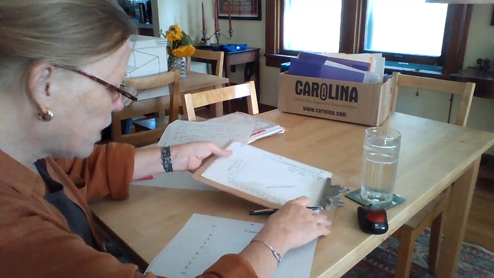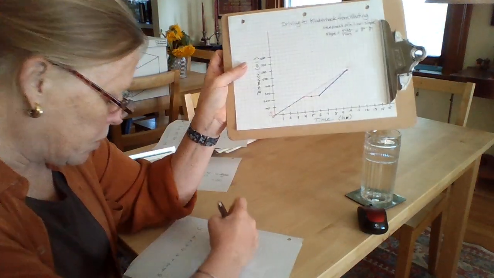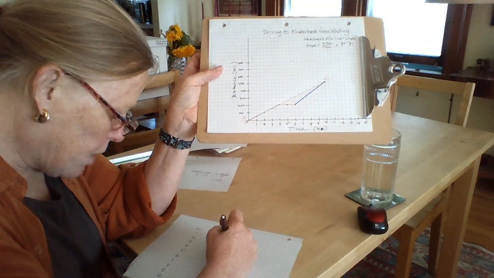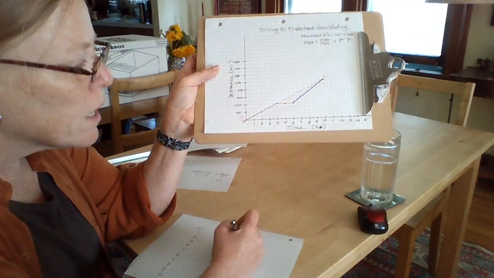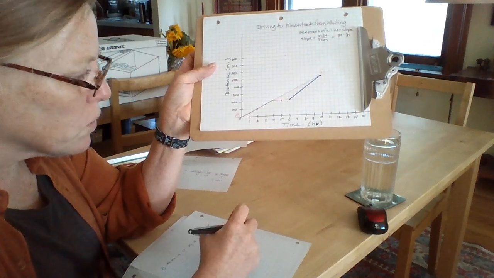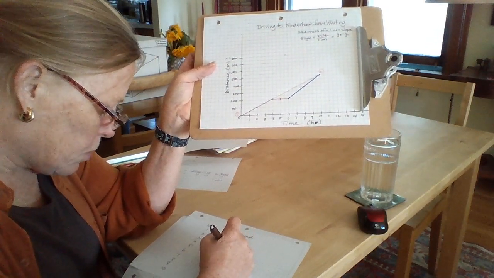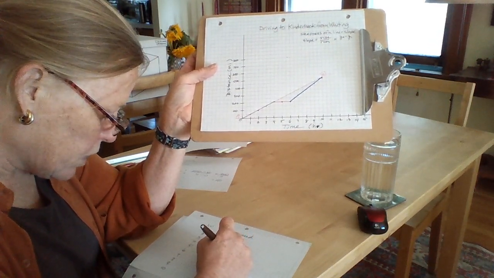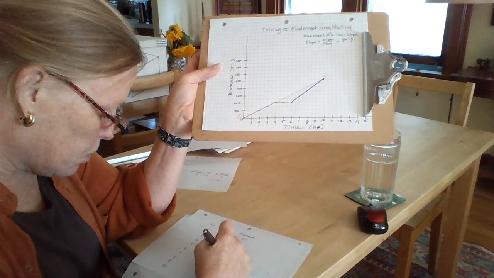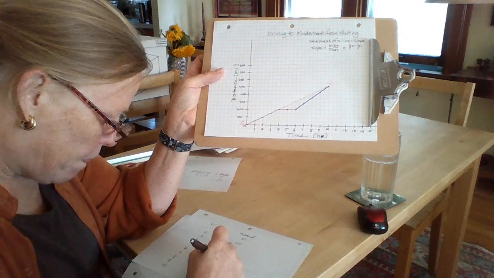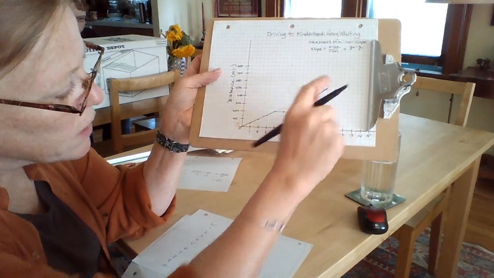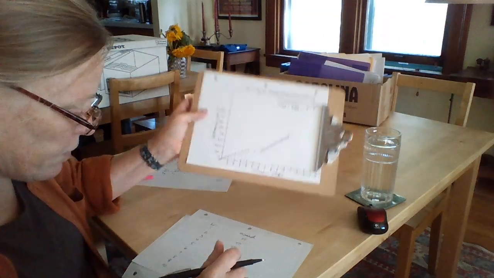At hours 1, 2, 3, and 4, our speed was 50. At hour 5 and 6, our speed was 0. Right? At 7, 8, 9, and 10, our speed was 75, right?